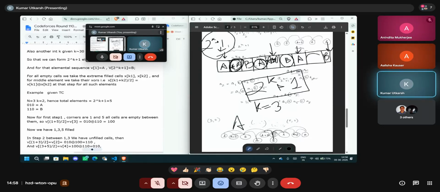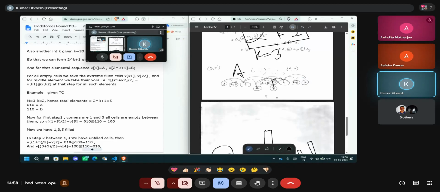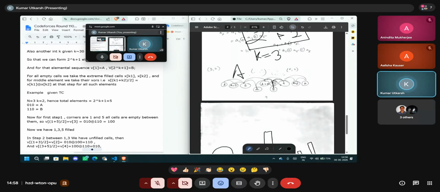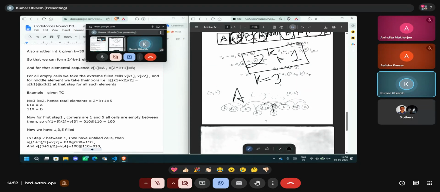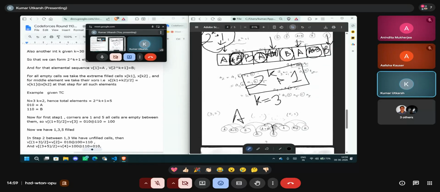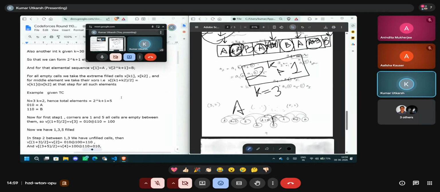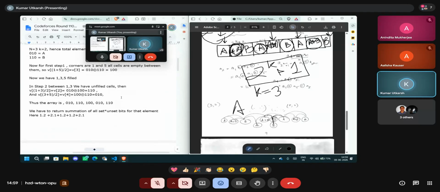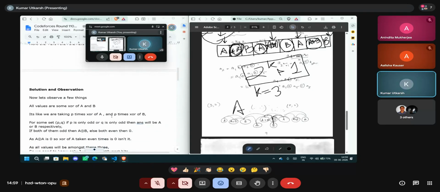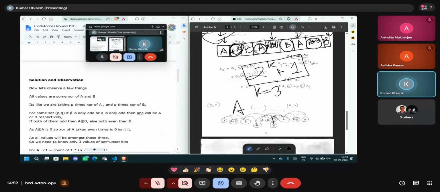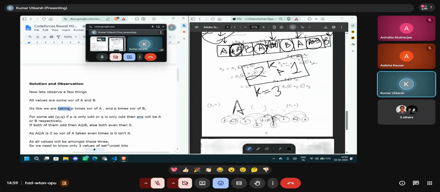And for this, again A XOR B. So at the end, we got our sequence for 9 digits as A, then A XOR B, then B, then A, then A XOR B, then B. It's repeating in threes, so we are getting a hint that the pattern is repeating. And as it's XOR, we already know that we'll always have something like P times XOR of A and Q times XOR of B, right?